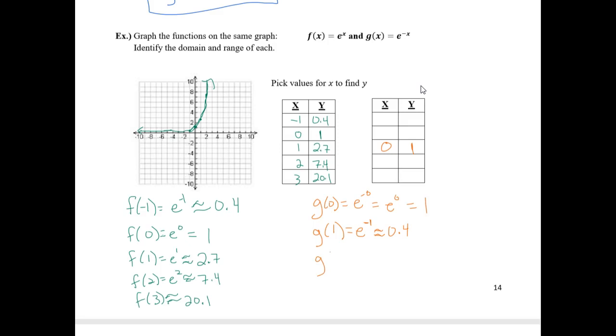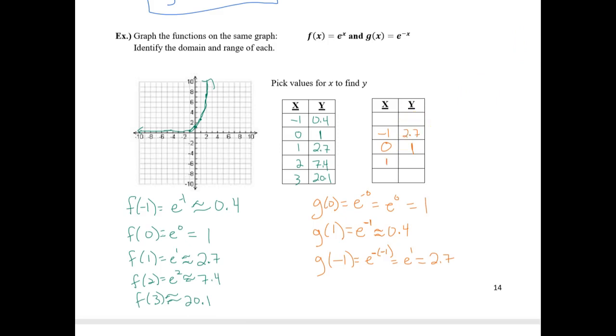And let's go ahead and plug in a -1. So negative times negative is going to make a +1. And we know e to the first power is 2.7. So when I did -1, we got the 2.7.